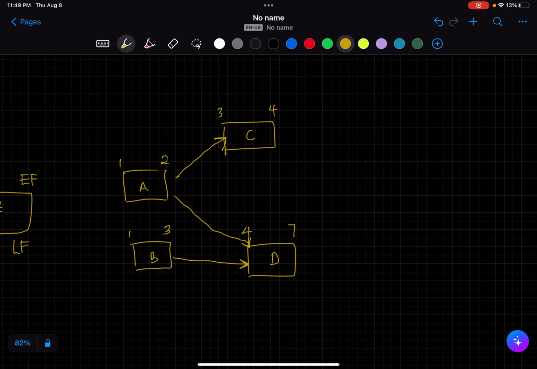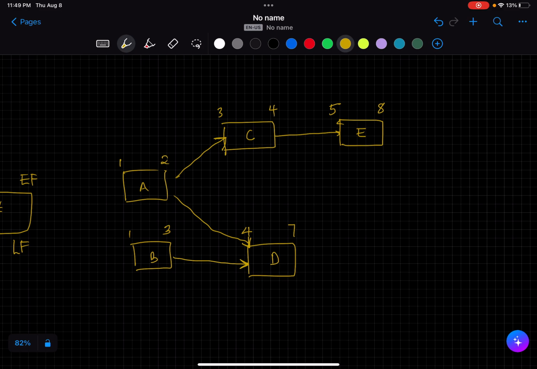Now we have E. E starts when C finishes. So we can bring E over here. This is E. It's a finish to start with C. So let's put the relationship. E will start on week 5, and it's also 4 weeks, so it will go up onto 8: 5, 6, 7, 8.